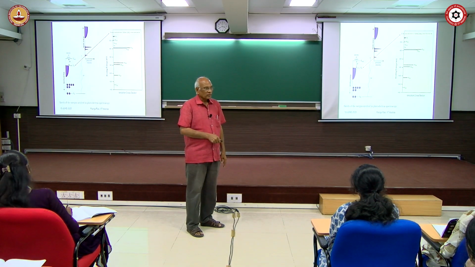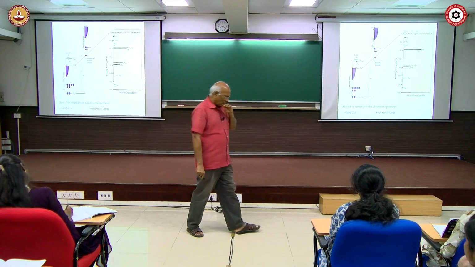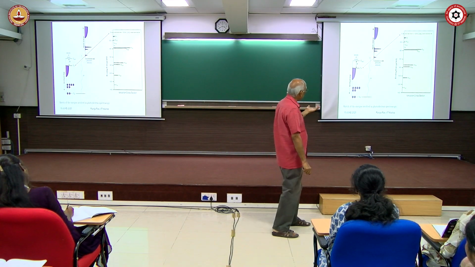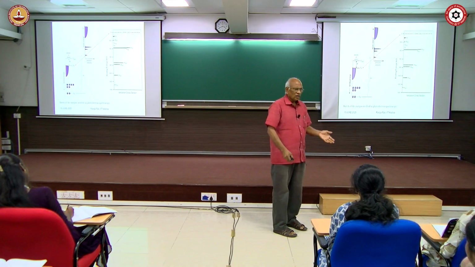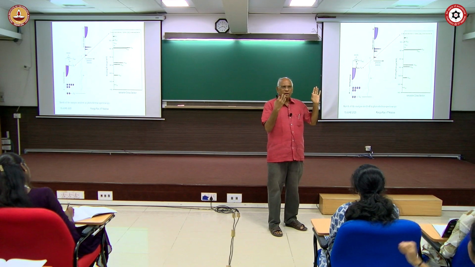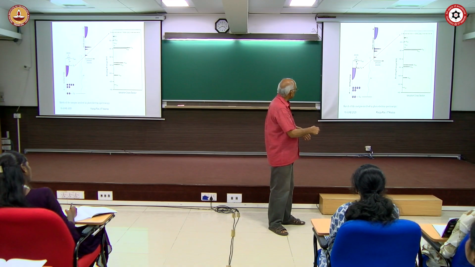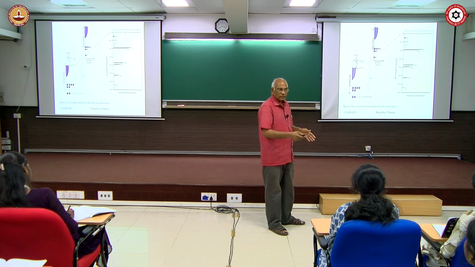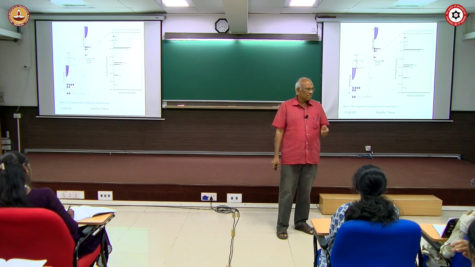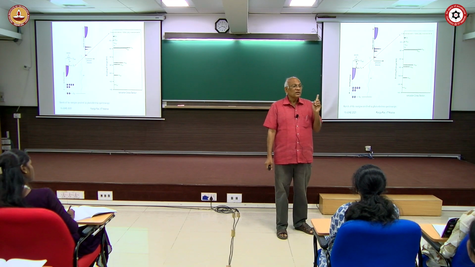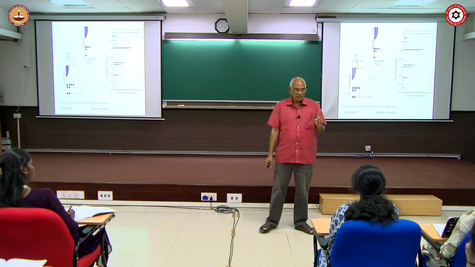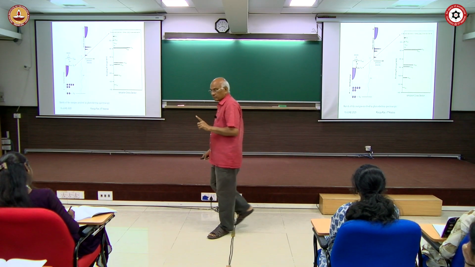They go down. You don't need to go to n equal to 1, n equal to 2 states, because you get enough information if you analyze the n equal to 4 and 5 levels. What is n? Principal quantum number. n is the principal quantum number.